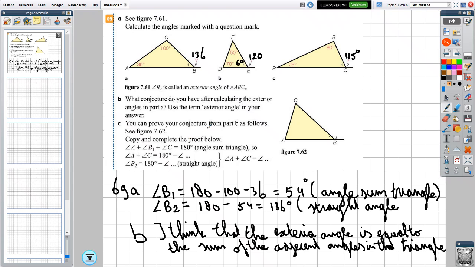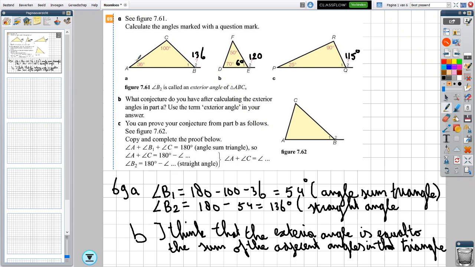How are we going to do that? Well, we just have to fill in a few spots here. And the exercises after this are going to give you less information every time, so it gets more difficult every time. But here they already give you a head start. They say angle A plus angle B1 plus angle C is 180 degrees, right? That's just the angle sum of a triangle.